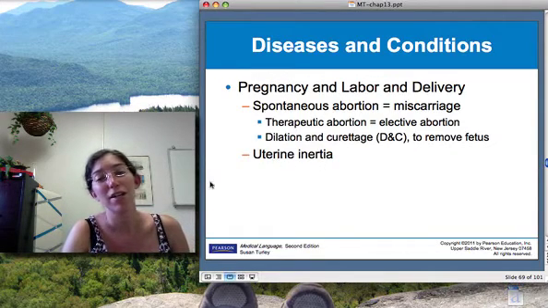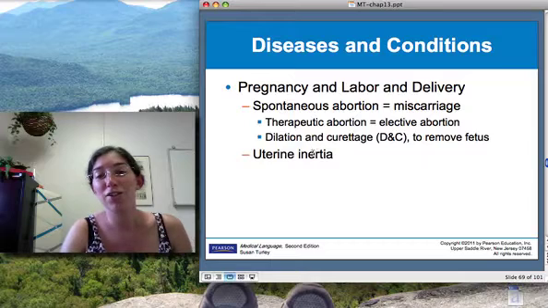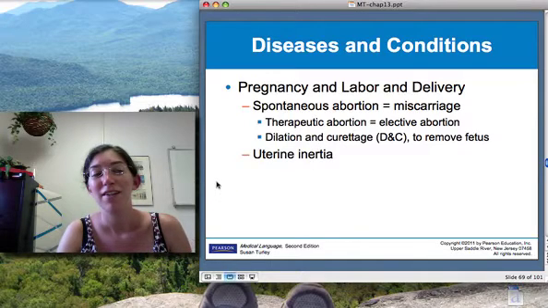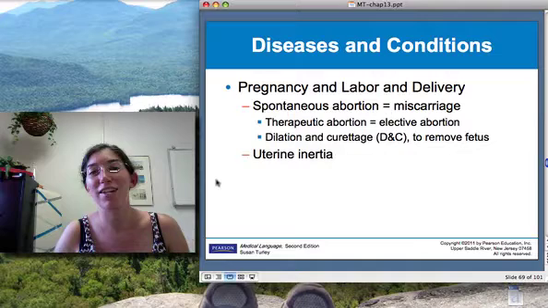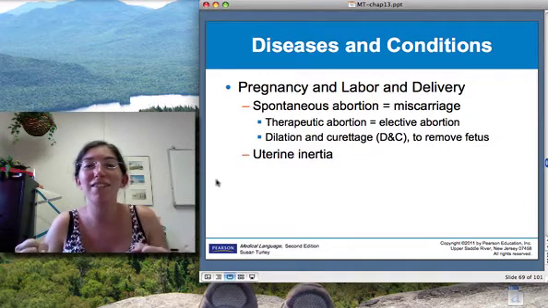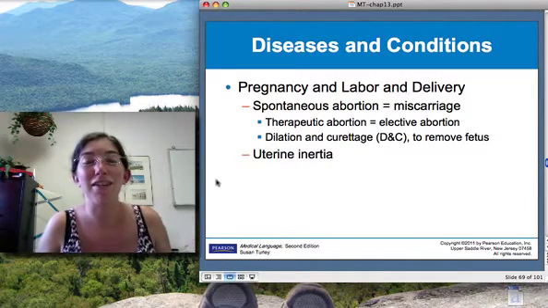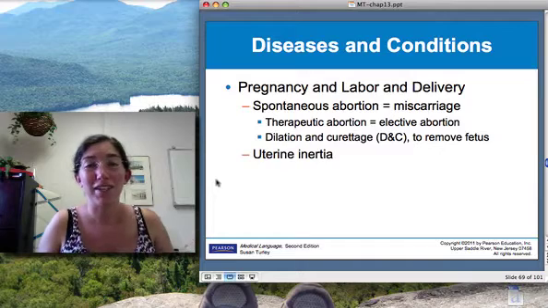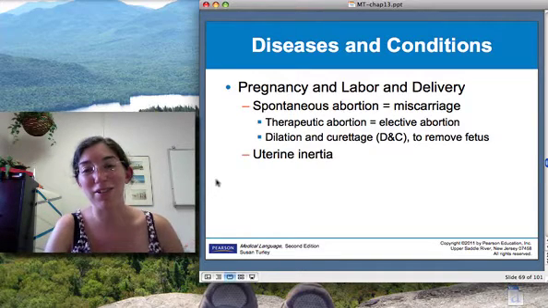Uterine inertia. Inertia means, God, what is the physics definition of inertia? Like an unwillingness to move or change. If something's sitting still, it's really hard to get it going, and once it's going, it's hard to make it stop. That's my definition of inertia for you.